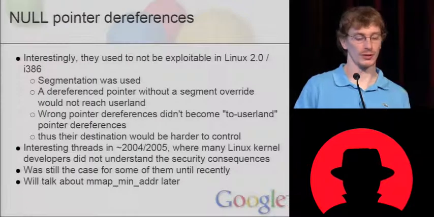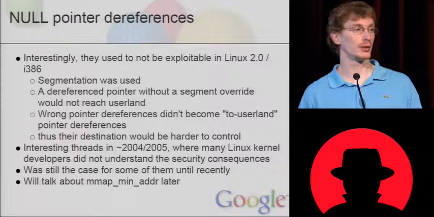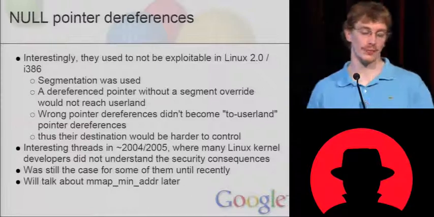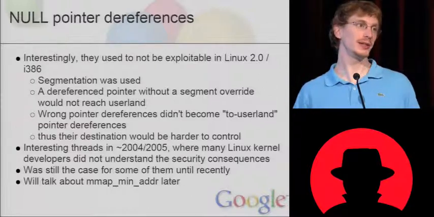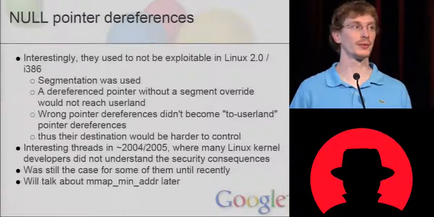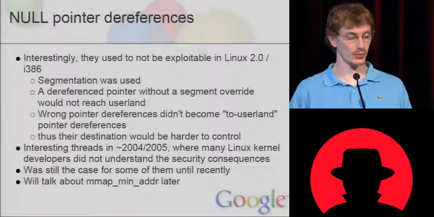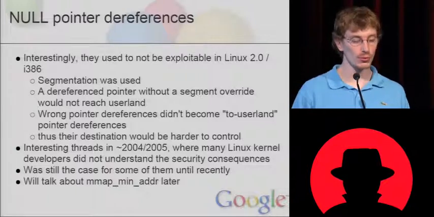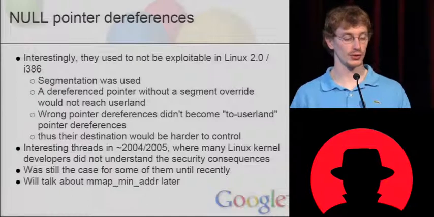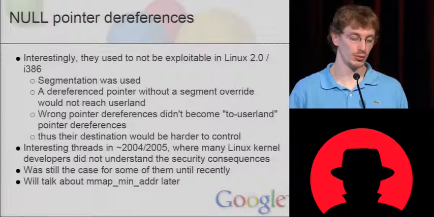So a different pointer without a segment override would never reach userland, which was quite convenient, because you explicitly had to write a segment override when you wanted to reach userland, so you couldn't unexpectedly reach userland, which was a cool feature. So wrong pointer dereferences didn't become userland pointer dereferences automatically, and so their destination would be harder to control.